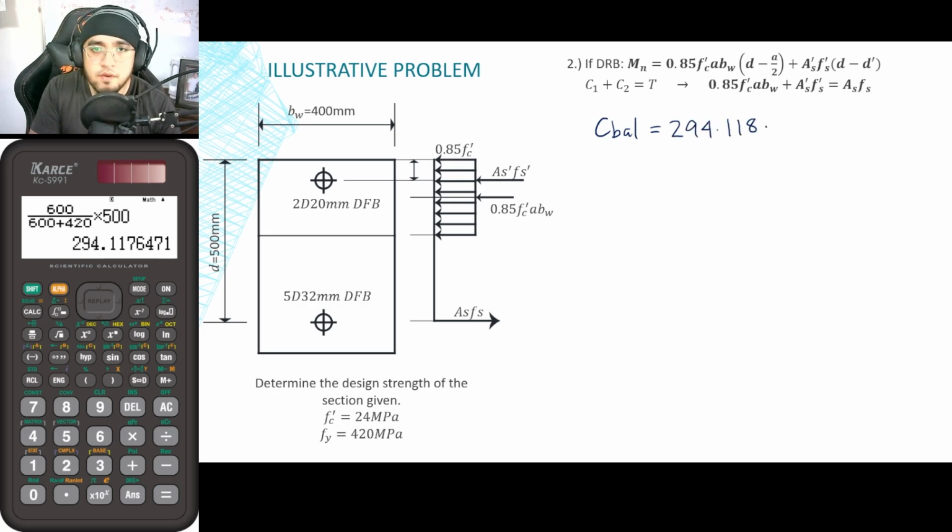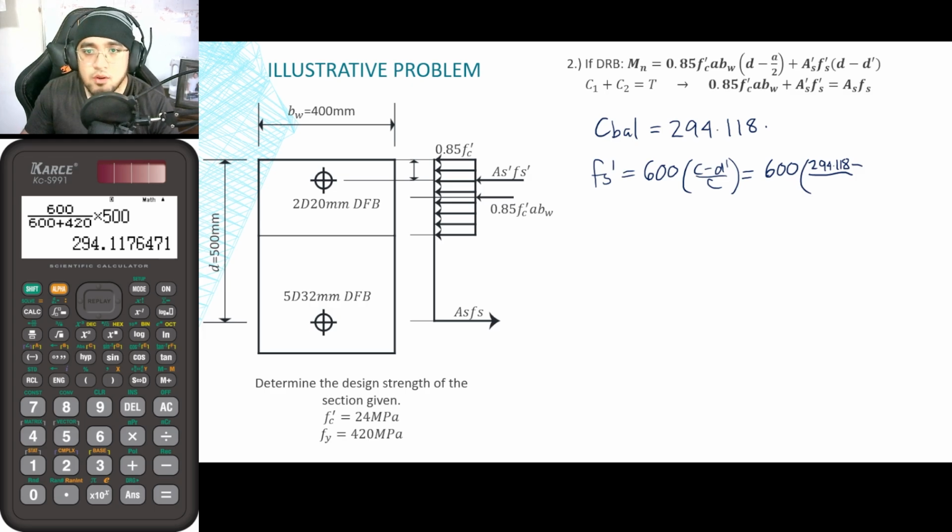From that, I can now solve for my Fs prime for balance condition, which is once again equal to 600 times c minus d prime all over c. So this is now 600 times c, and my c is 294.118, minus d prime, and our d prime as per our problem was, let me just double check.